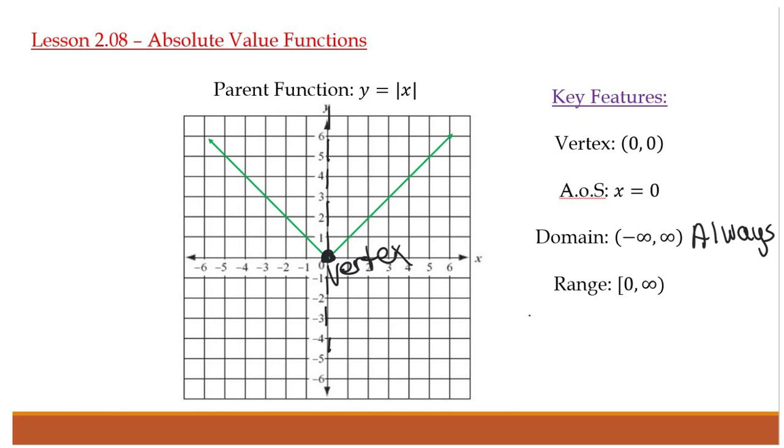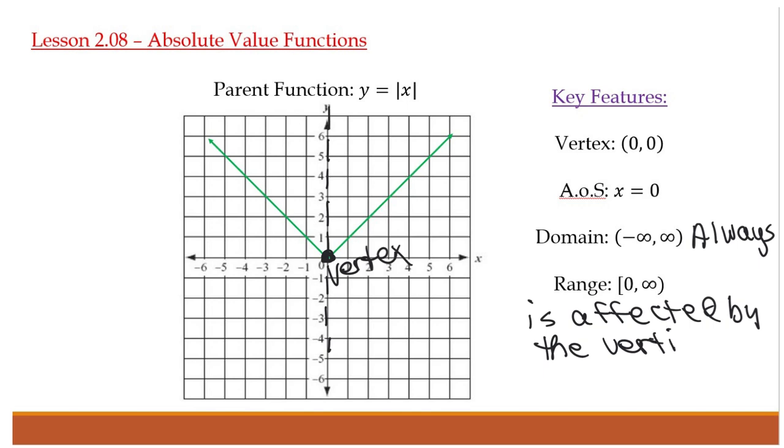The range is going to be affected by the vertical shift up or down. So that will change the actual range.